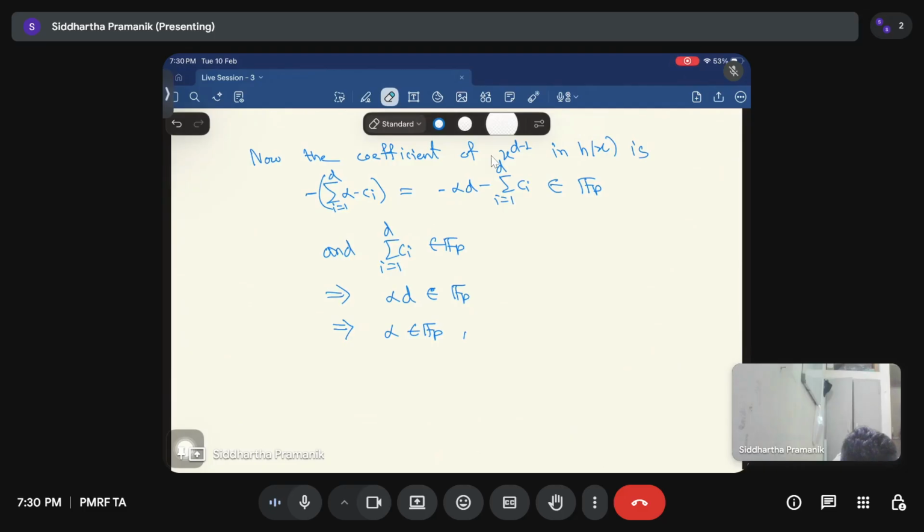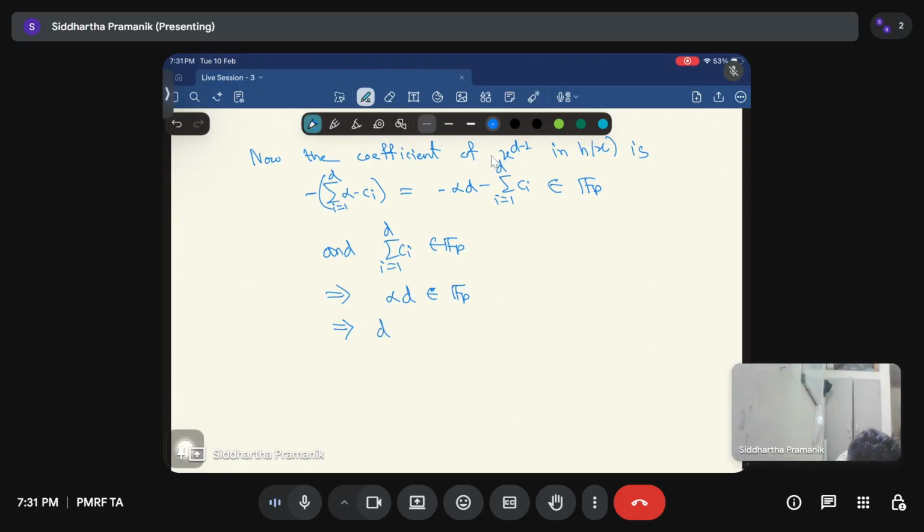So from this we will get either d is 0 or alpha is in Fp.